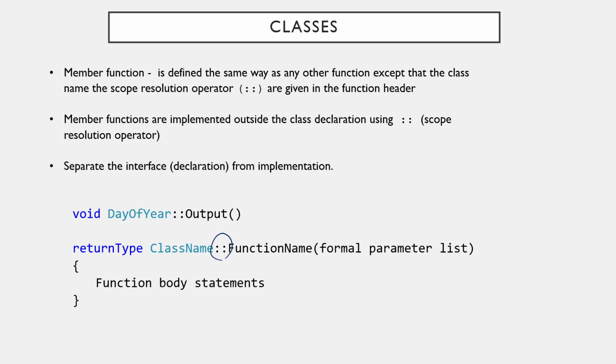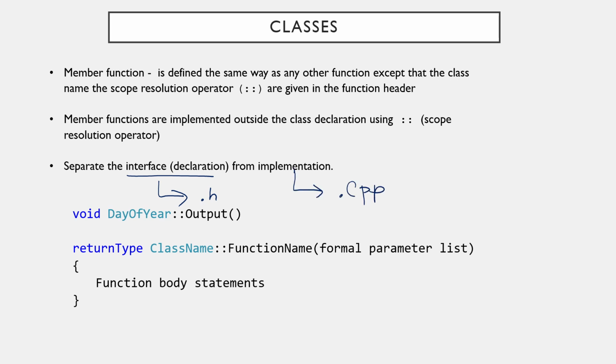All right, so that's what I just said. The declaration would be in a .h or .hpp file, what's called the header file, and then the implementation would be in a .cpp file.